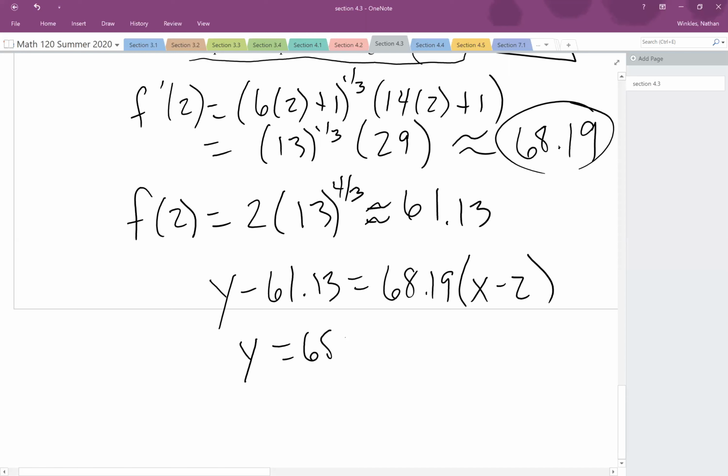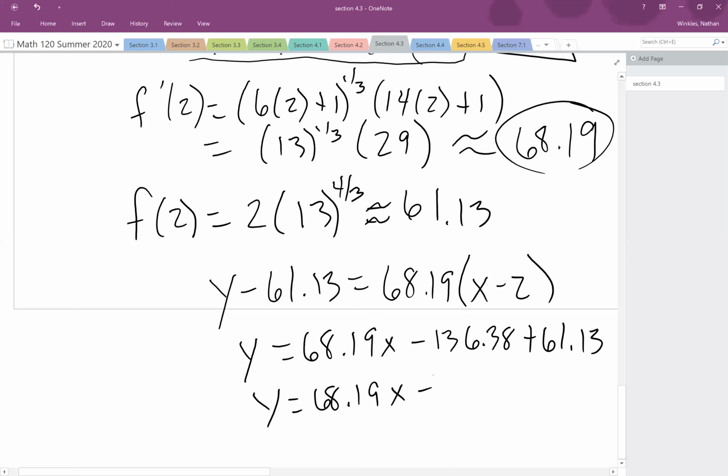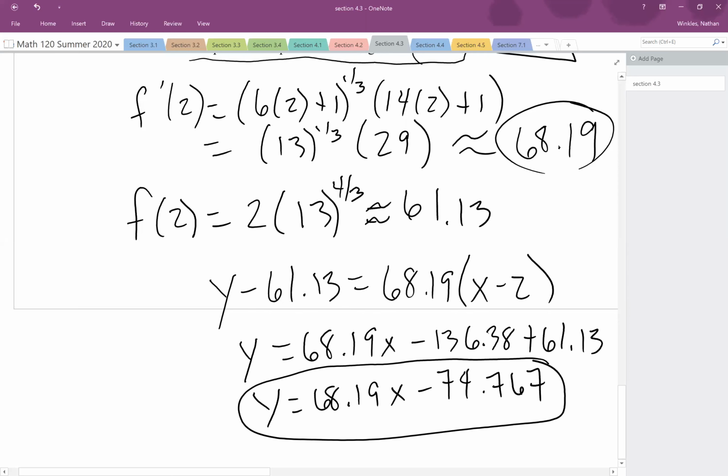Means y equals 68.19x minus 136.38 plus 61.13, or y equals 68.19x minus 74.767 would be our tangent line.